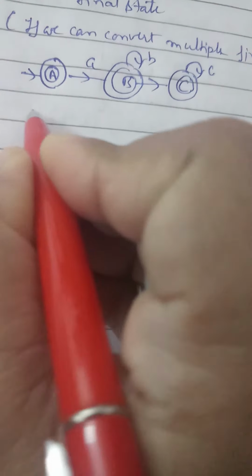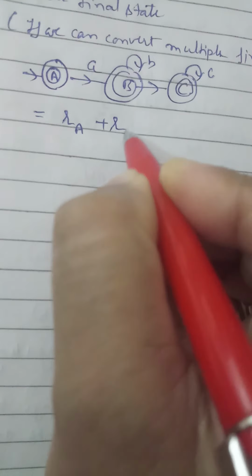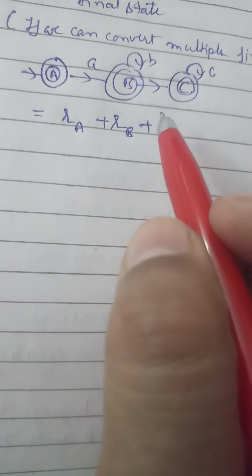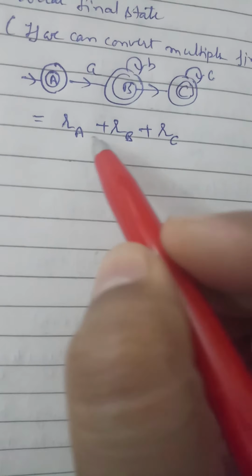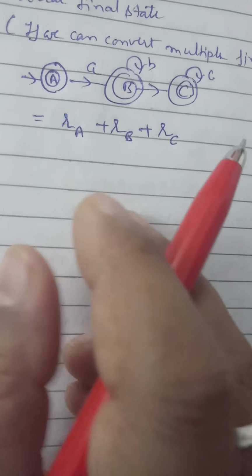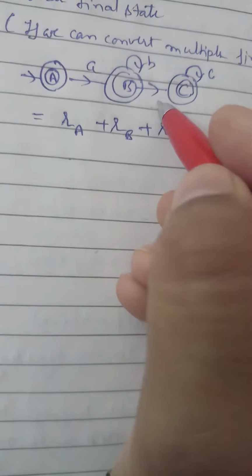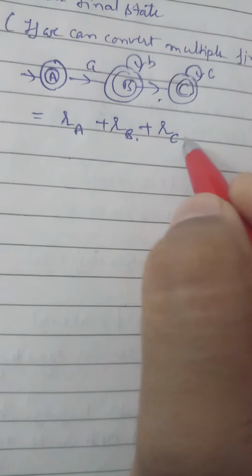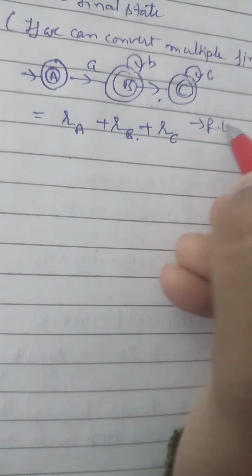We will do a union like this. We will write RA plus RB plus RC. We will combine them. This is the regular expression for that machine.